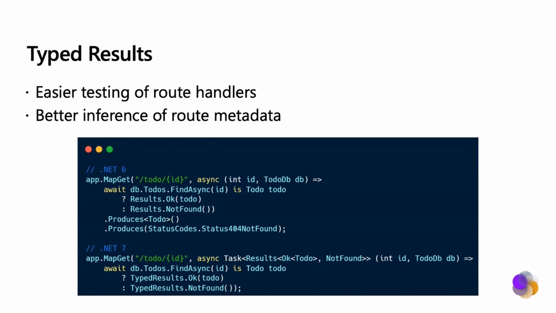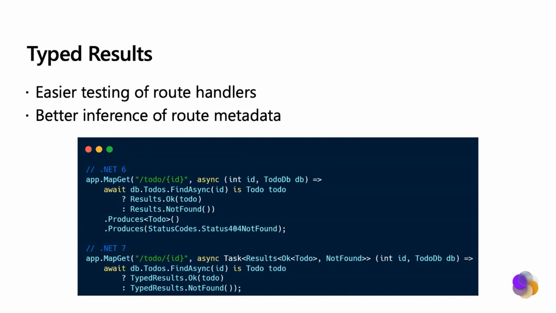In the bottom example, you'll notice instead of returning Results.Ok and Results.NotFound, we're returning TypedResults.Ok and TypedResults.NotFound. The API is still under review. I think that's where we're going to land, but we're definitely targeting Preview 4 for this release.